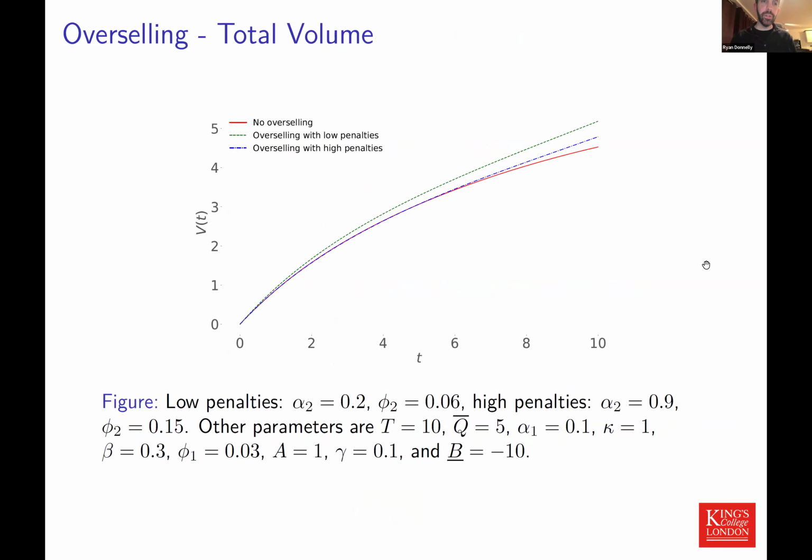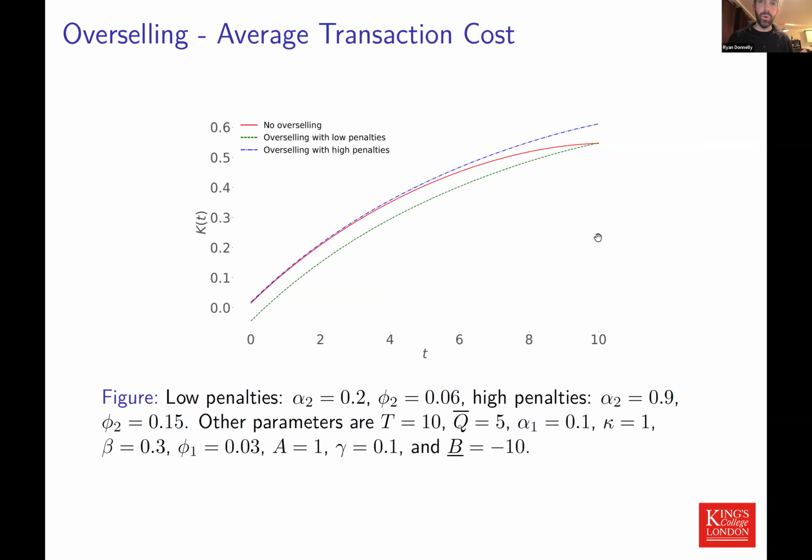And we see some interesting things happen here to these economic variables. I'm going to skip to the one that I think is most interesting, which is this. Capital K, remember, represents the average price paid for the asset through time across all transactions. So this is the cumulative average price paid after the problem has completely finished.